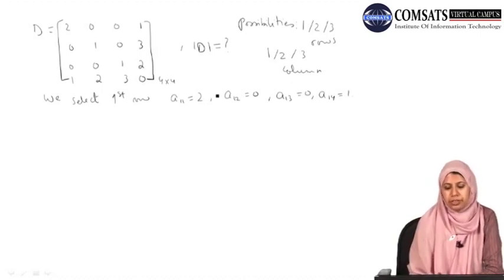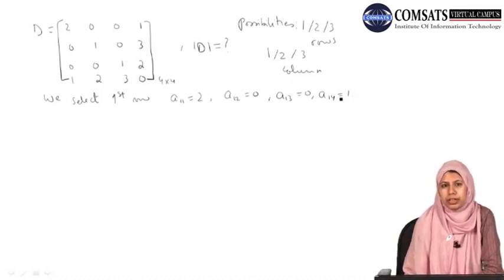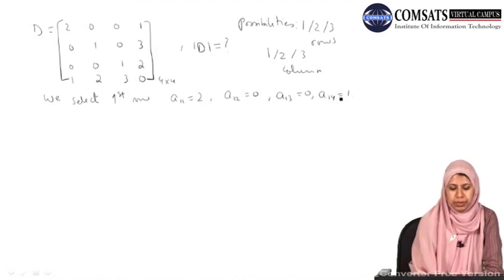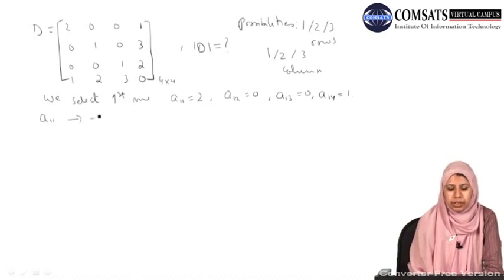Okay, now we have the entries, and for these 2 non-zero entries A11 and A14, we have to find their respective cofactors. Okay, for the entry A11, the number associated with this entry will be 1, because -1 to the power 1 plus 1 will be 1.